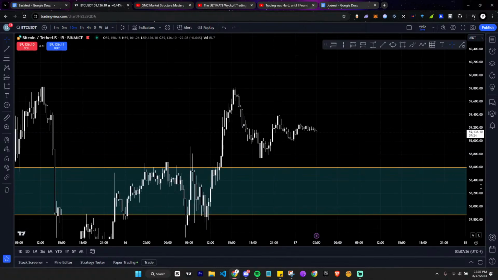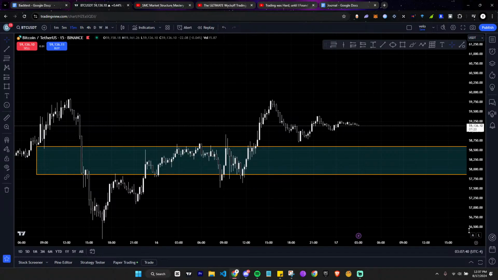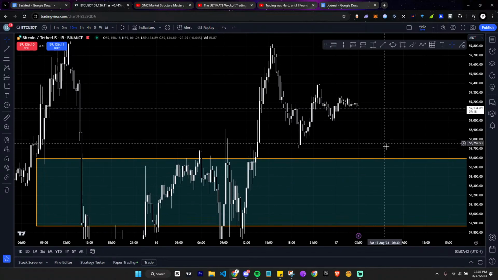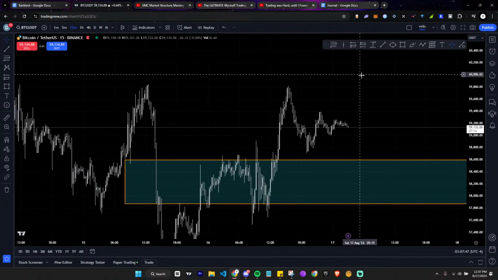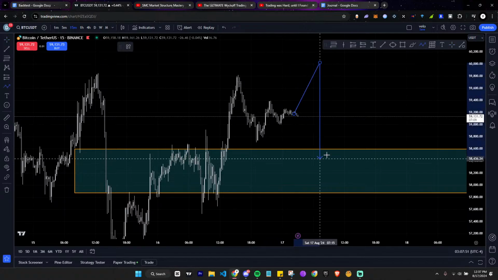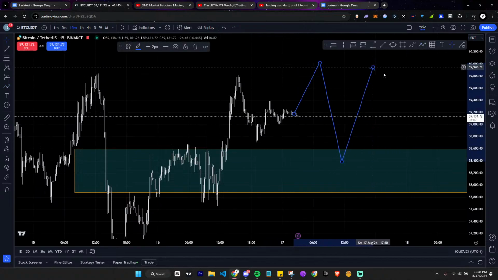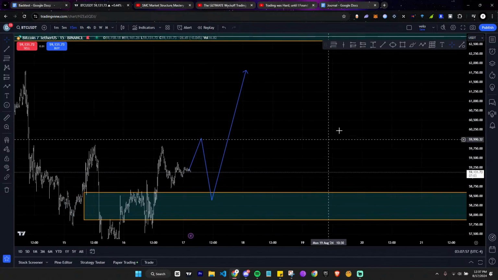So this is the 4-hour fair value gap. Anything after it sweeps that liquidity, I could use that. So I need price to sweep this liquidity over here, go here, I guess, and then sweep this, tap back, and then go higher to this.